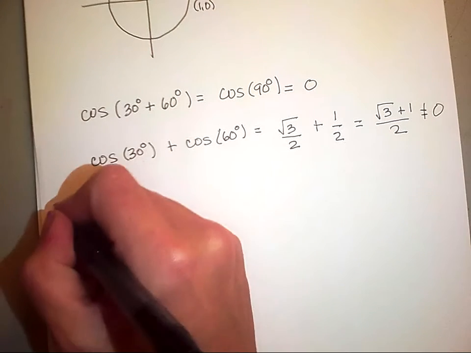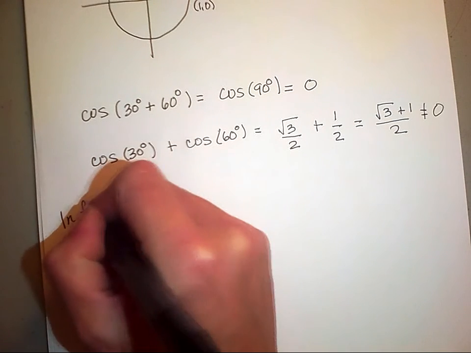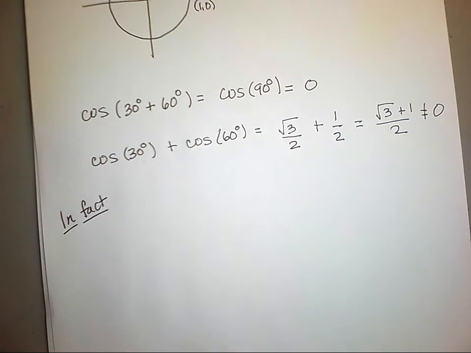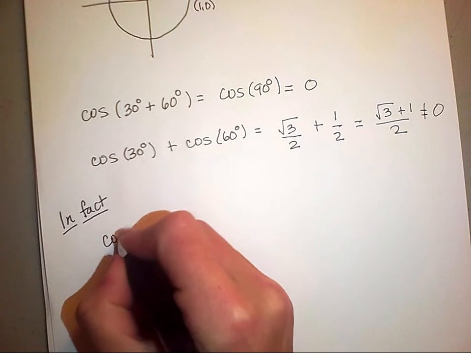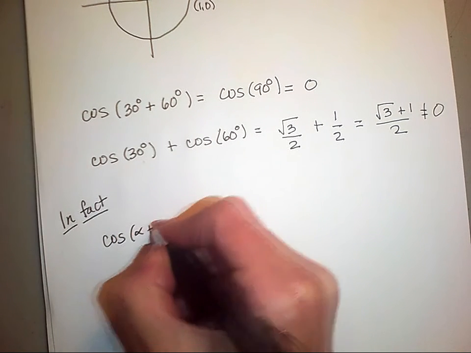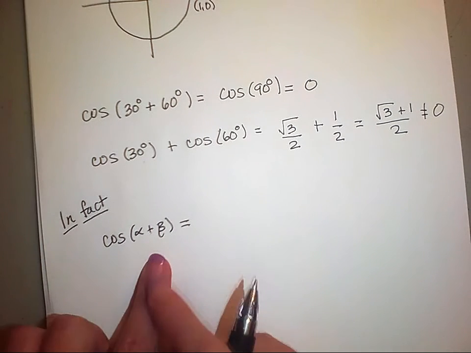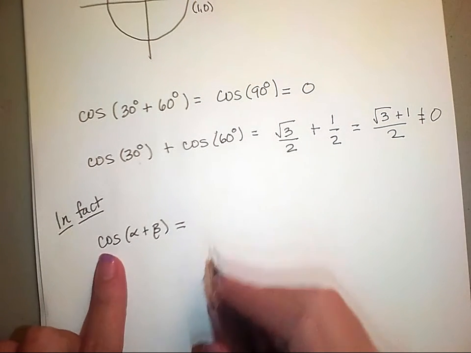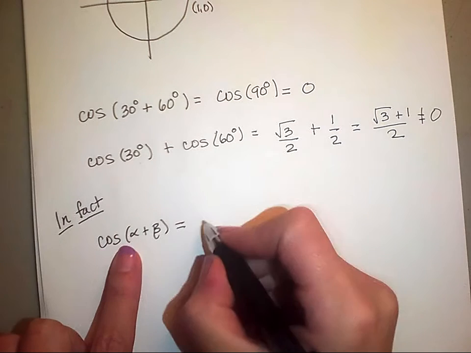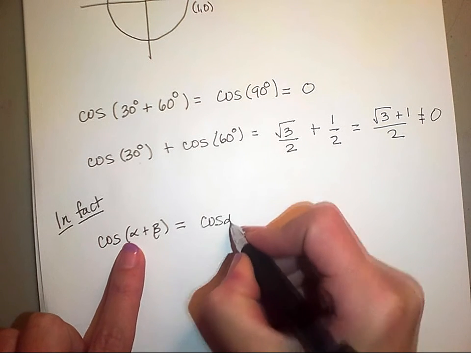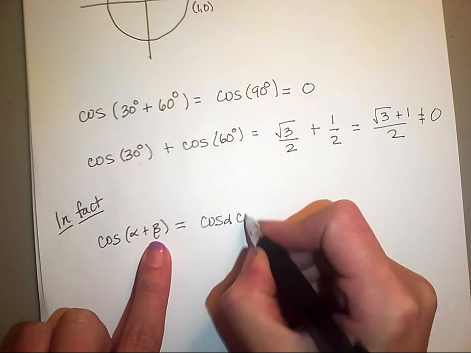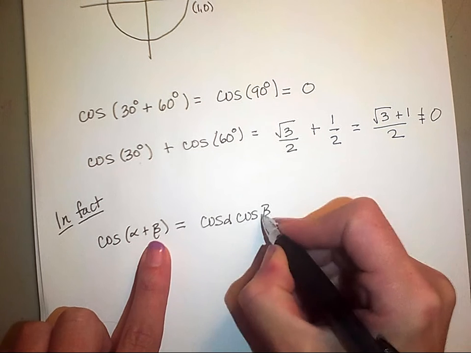So in fact, here's what we have. Now these will need to go on your flashcards. We have the cosine of two angles. Let's call them alpha and beta. So if I'm going to add two angles in cosine, I'll take the cosine of the first, alpha, and then it's always the cosine of the second, beta.